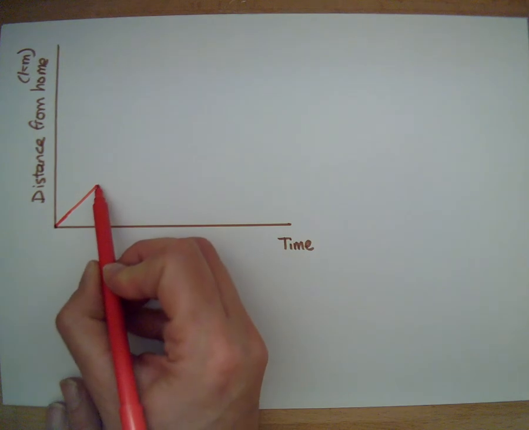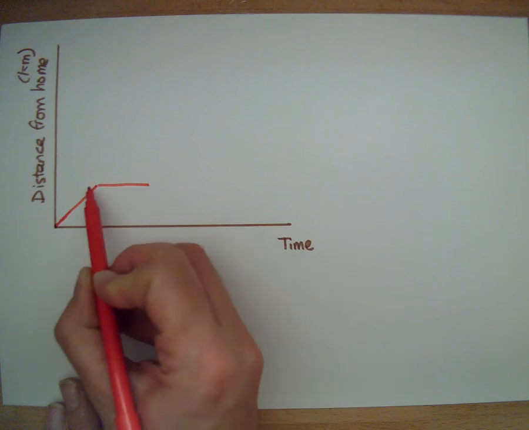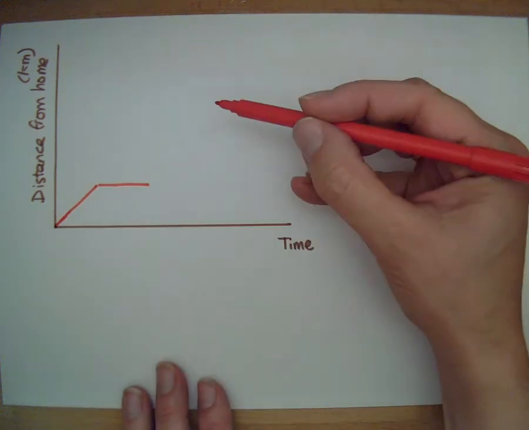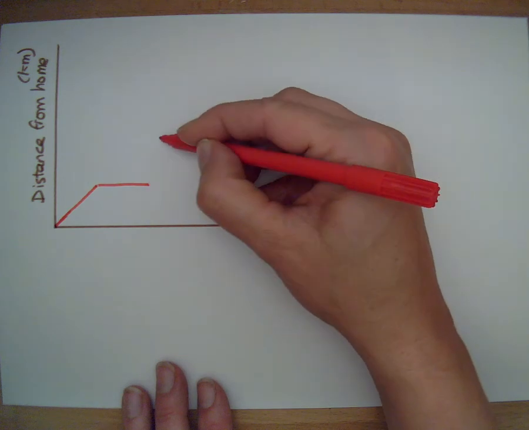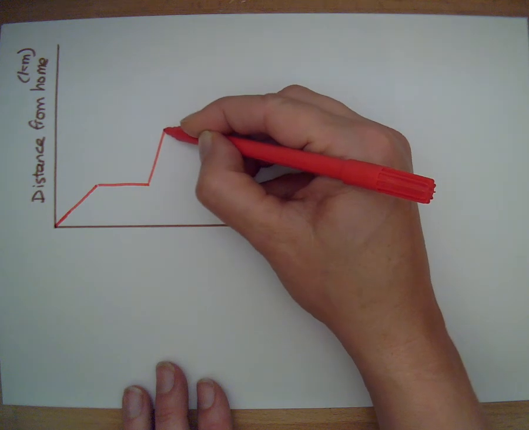Then I do this. Think about what's happening here. Then I'm traveling further. My line is steeper.